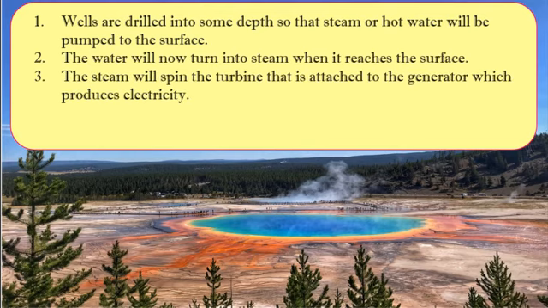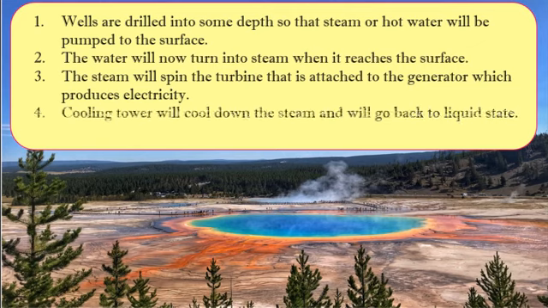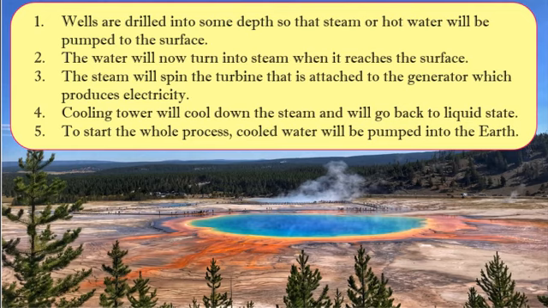Third is the steam will spin the turbine that is attached to the generator, which produces electricity. Fourth one is that the cooling tower will cool down the steam and it will go back to liquid state. And the last step is to start the whole process again, by means that the cold water will be pumped back into the earth. So here are the five steps. And to strengthen our knowledge regarding these steps, let us watch one video clip.